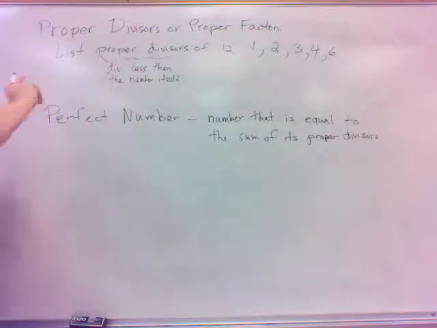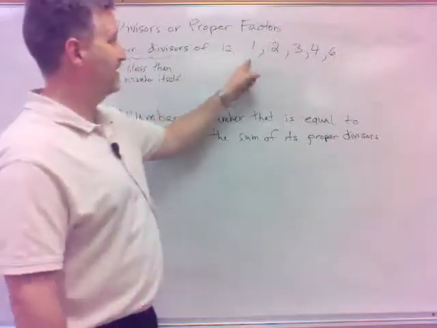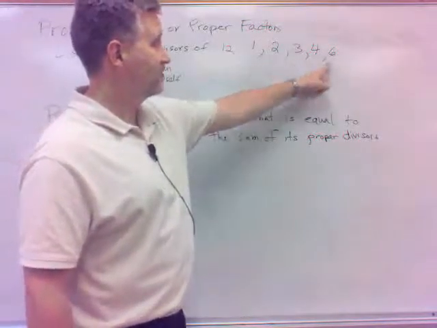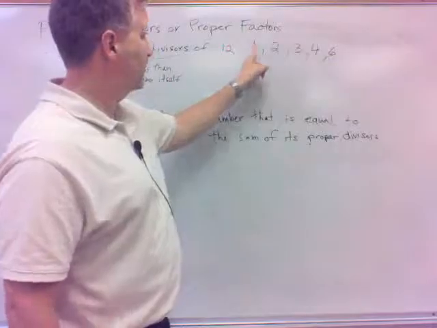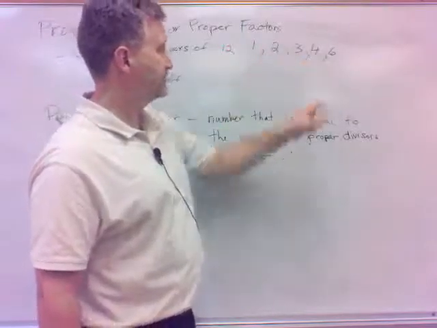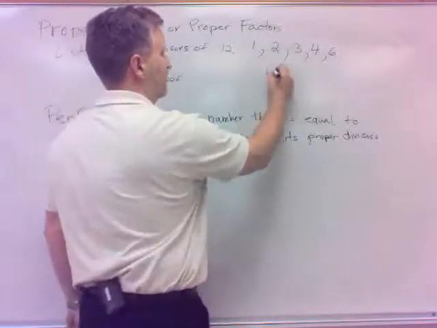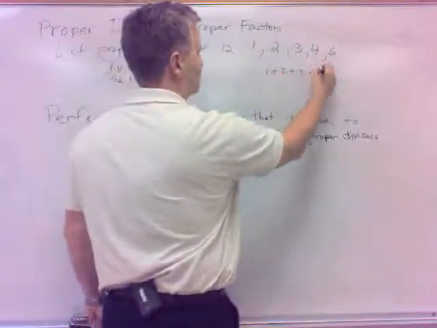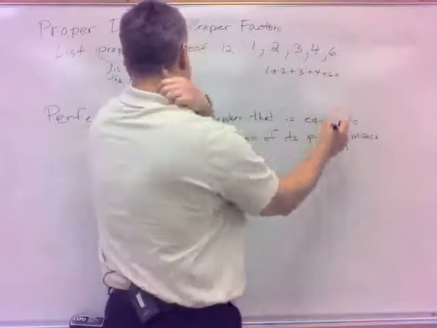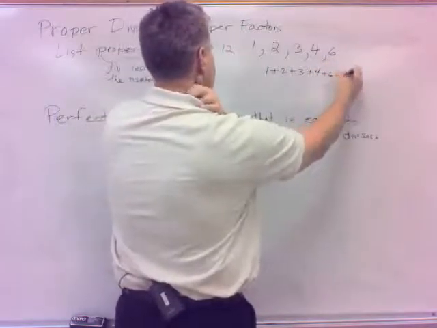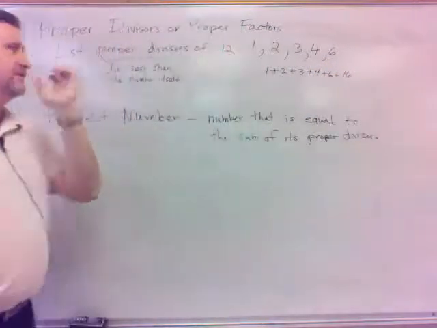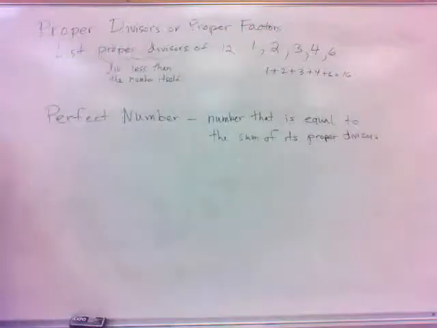Now, 12 is not a perfect number because if you add those up, what do you get? 1 plus 2 plus 3 plus 4 plus 6 gives you not 12. Okay, so that one's not a perfect one. All right. So unfortunately, that one is not. However, let's look at 6.